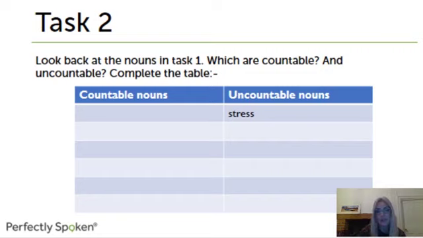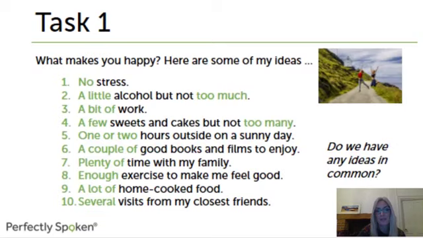Okay, so if you flick back to here, you've got alcohol, work, sweets, etc. They're all examples of the nouns: cakes, hours, books, films, time, exercise, food, and visits.